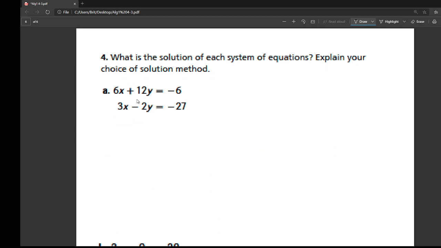Alright, so now on this one, substitution's kind of a pain in the neck because these aren't all divisible by easy things, although I could divide by 6 here and then substitute. But that's 2 steps to get the variable by itself. That seems like a lot.